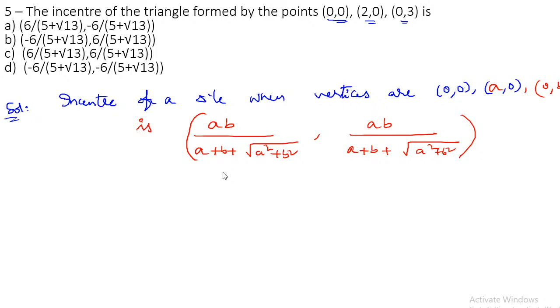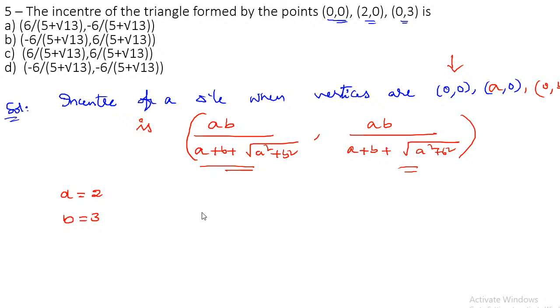Okay, so this is the formula for finding the coordinates of the incentre of a triangle when the given vertices are in the form of (0, 0), (a, 0) and (0, b). So a here is 2, and b here is 3.